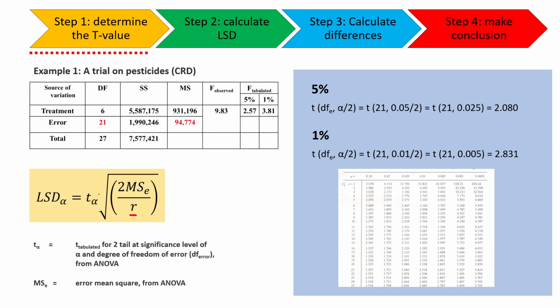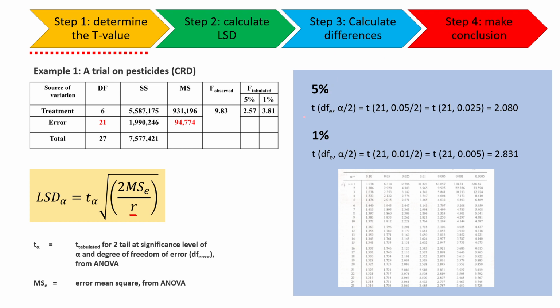So T alpha is the T tabulated for 2 tail at significance level of alpha and degree of freedom of error. So this degree of freedom error is 21 over here. So mean of square is this one. So let's calculate for the 5% T value.